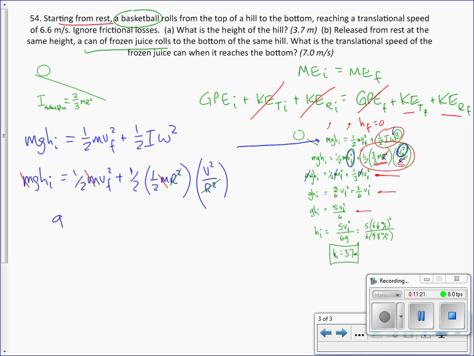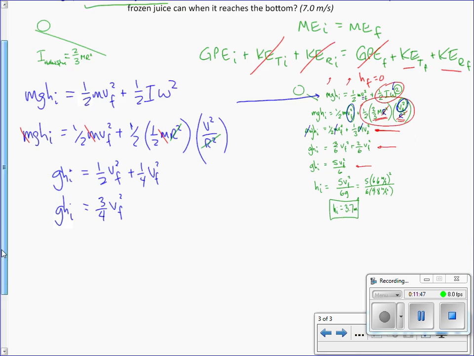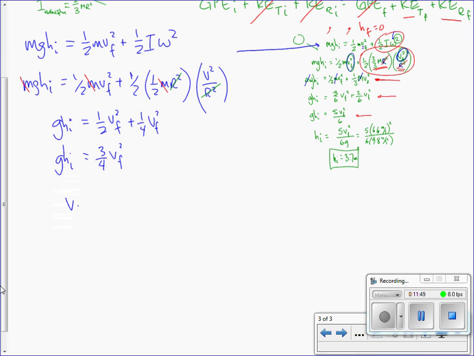We end up with g h initial equals 1/2 v final squared plus, all we have left is a half times 1/4 v final squared. So g h initial is a half plus a fourth, that's 3/4, right? 3/4 v final squared. We're looking for the final speed now.